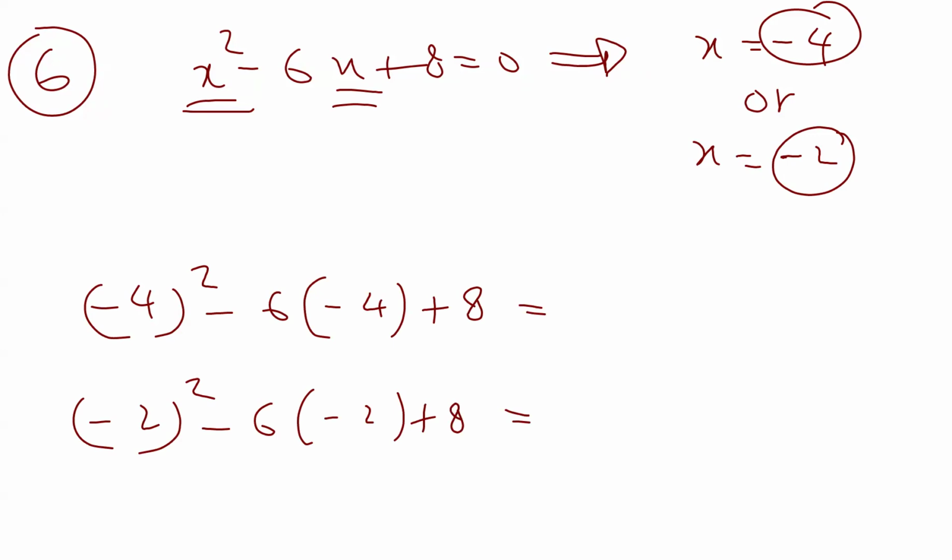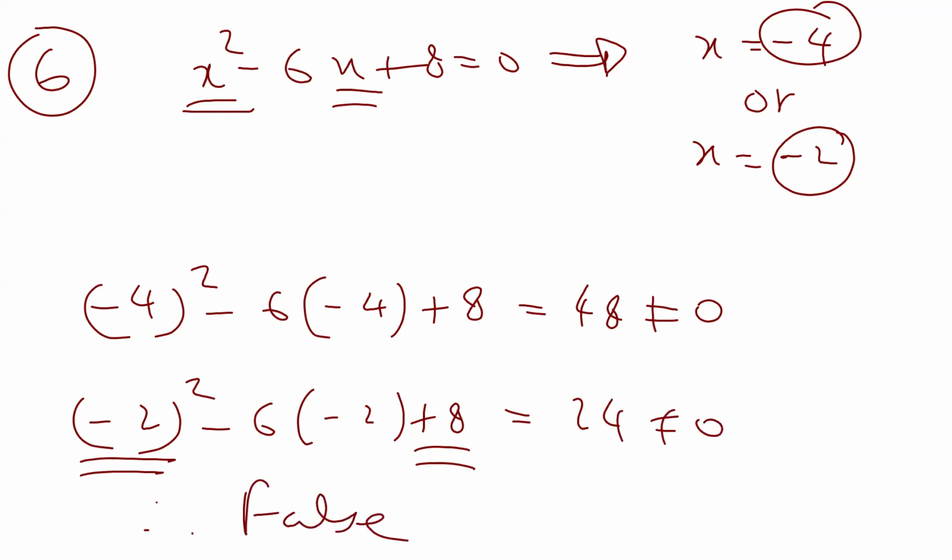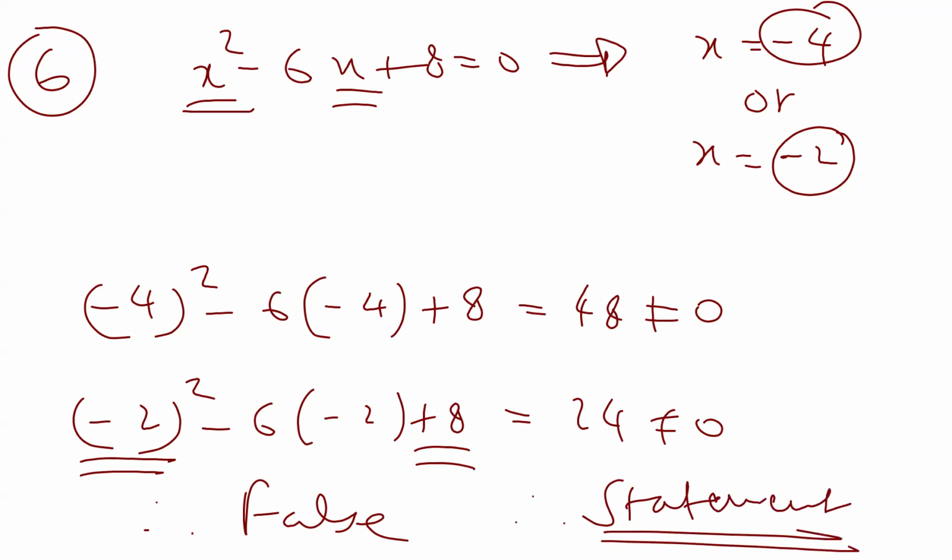Let us understand what the answer is. 16 plus 8 is 24, plus 24 is 48, not equal to 0. 4 plus 8 is 12, plus 12 is 24, not equal to 0. Therefore, this is a false sentence. Will it be a statement then? Yes. We should get the answer true or false. Then only it's a statement.